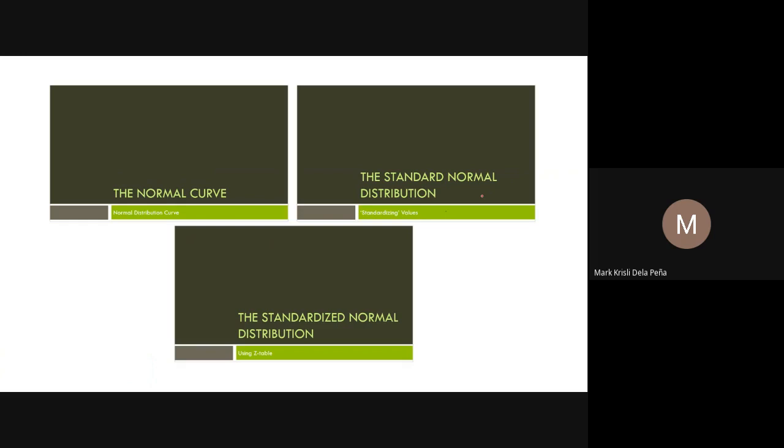Here in our topic, we will discuss how to convert these values into what we call a z-value, or the standard normal distribution. We will be discussing how to normalize a value.